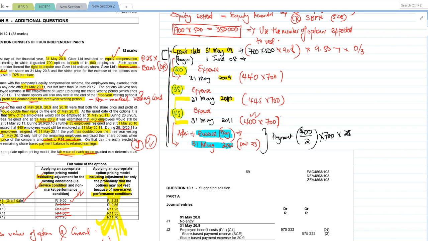I still have 700 multiplied by 500 because these guys have not worked. Multiply by 90% again, multiply by 9.5, multiply by 0/3 because I'm still at the beginning. It's just one day. But it's important to identify to the examiner the grant date is 31 May 2008.